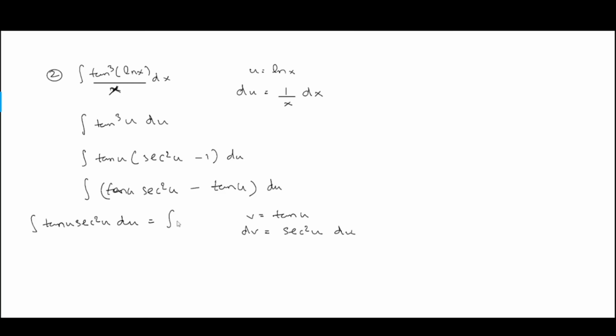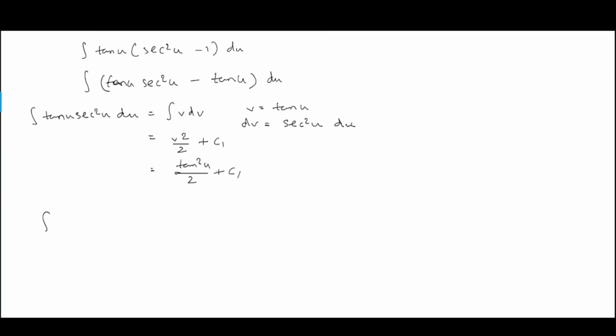That makes this the integration of v dv, basically tan squared u by 2 plus c1.